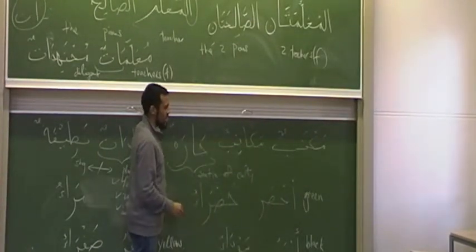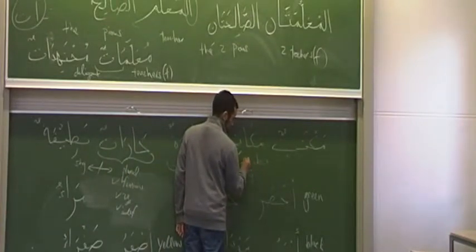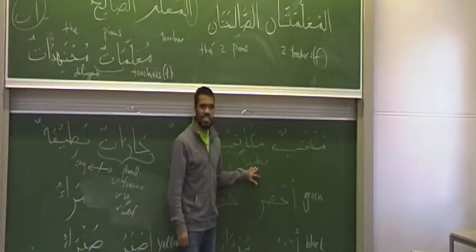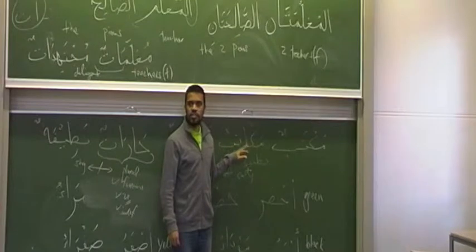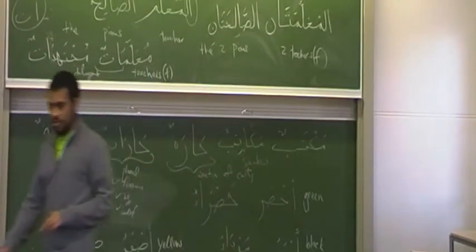How do I want to describe makatibu? I will just say makatibu nadhifatun. They both end in dhamma, that's fine. That's plural, but this must be singular. That comes from a masculine word, but this will be described as feminine. Does it make sense? Okay.